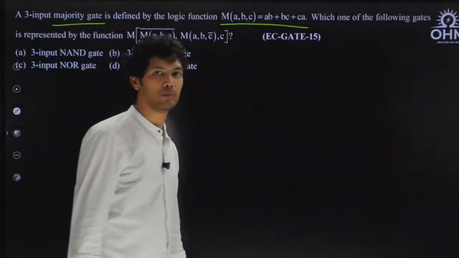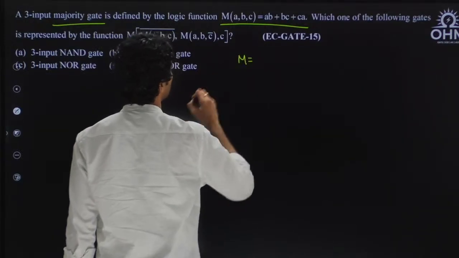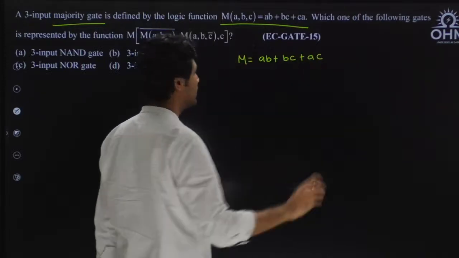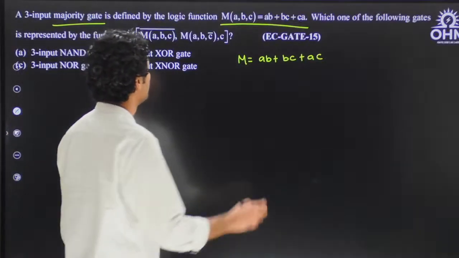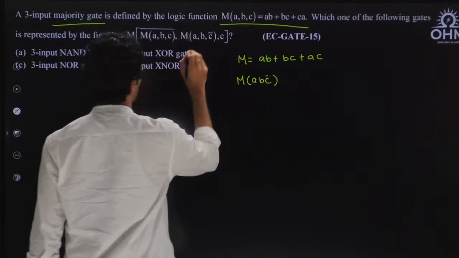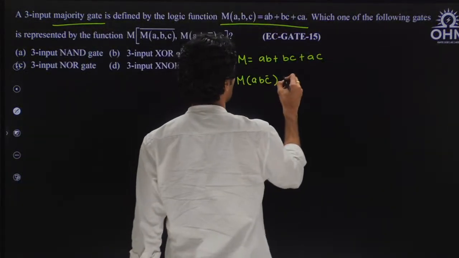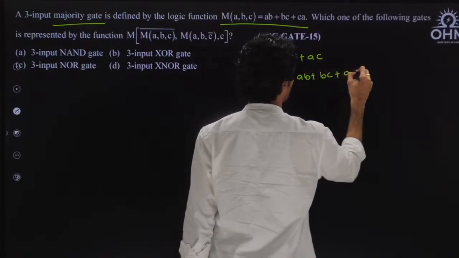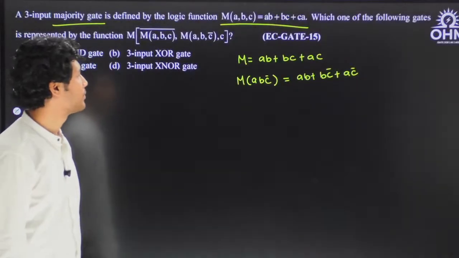So I can say that M becomes equal to AB plus BC plus AC, if the inputs are A, B, C. Then what is M of A, B, C bar? If I have variables as A, B, C bar, that becomes AB plus BC plus AC. Only thing is C is complemented, so we have AB plus BC bar plus AC bar, right?